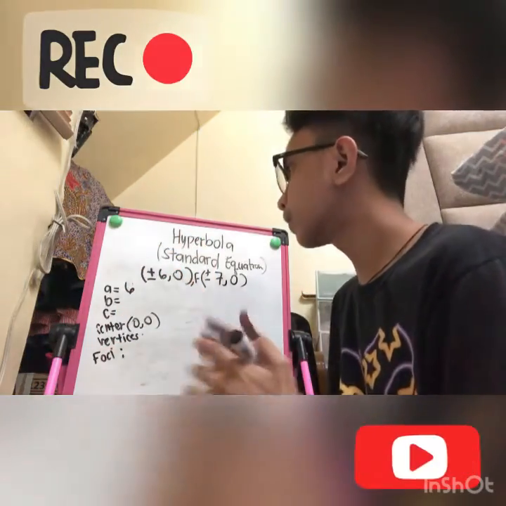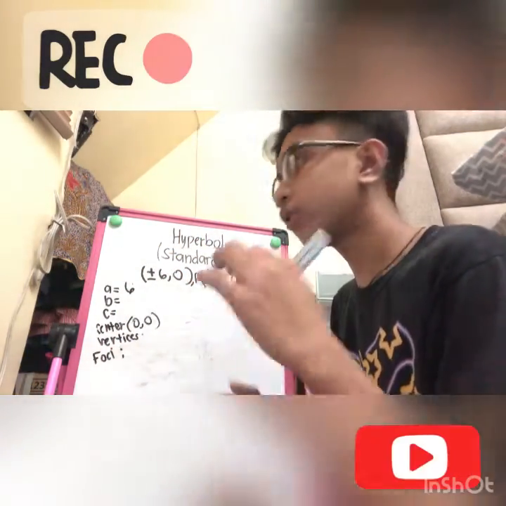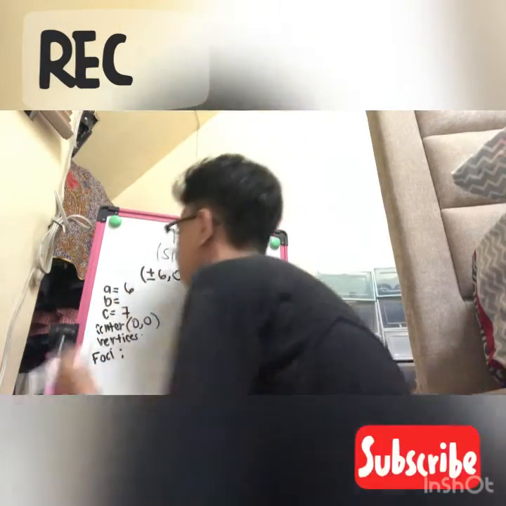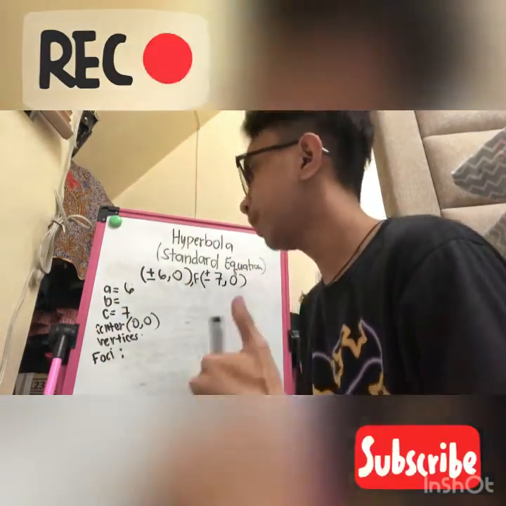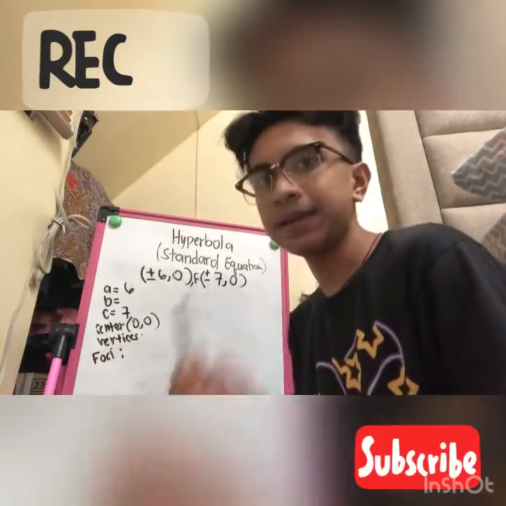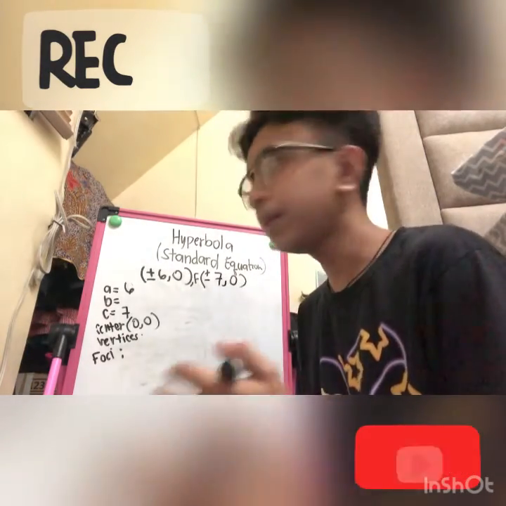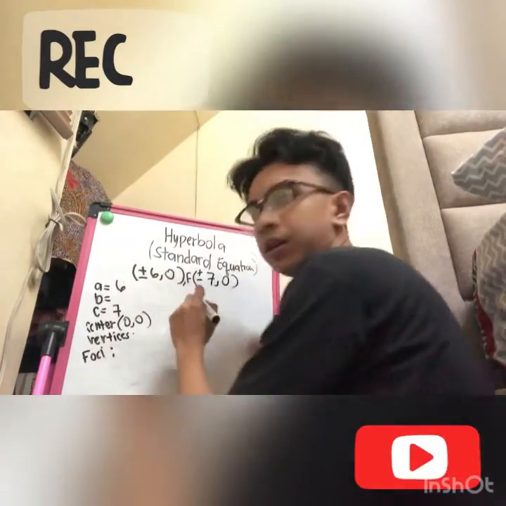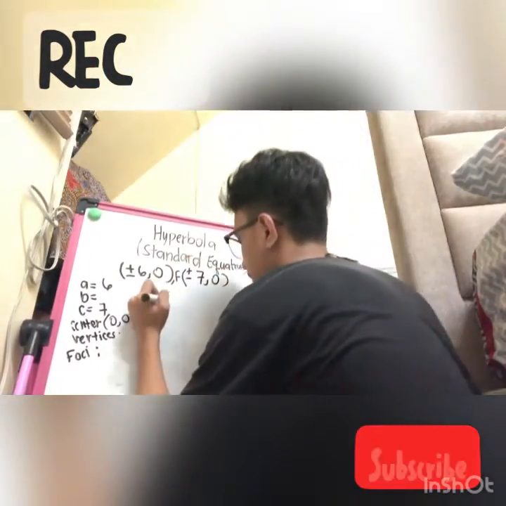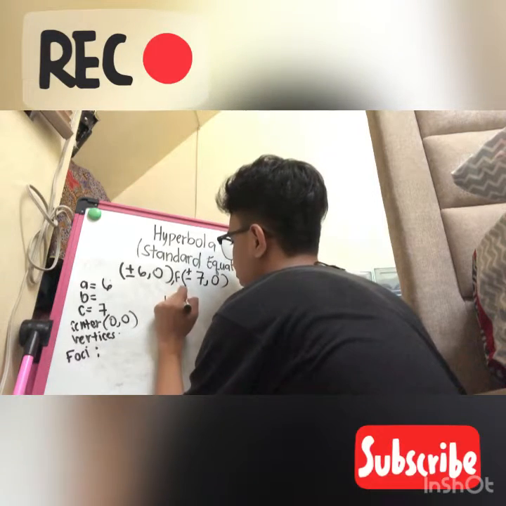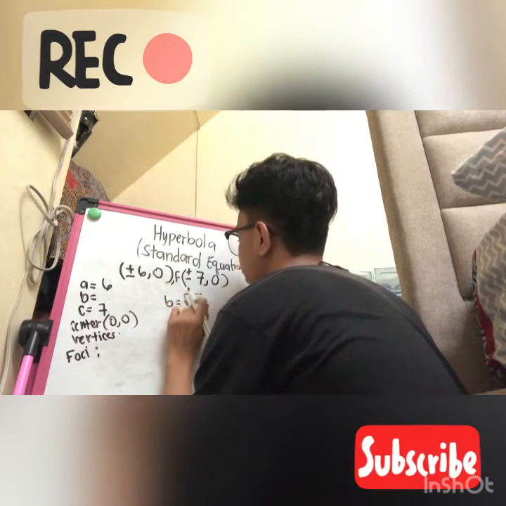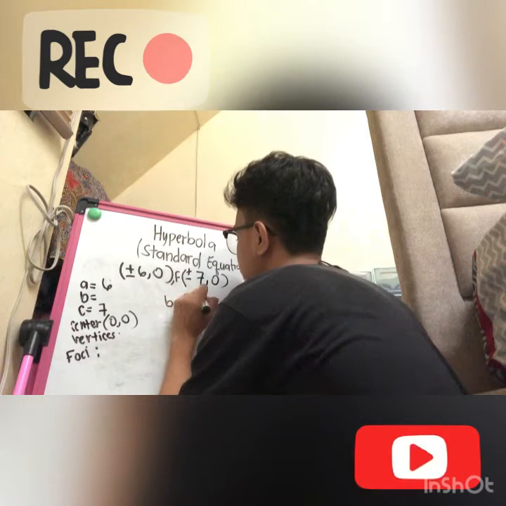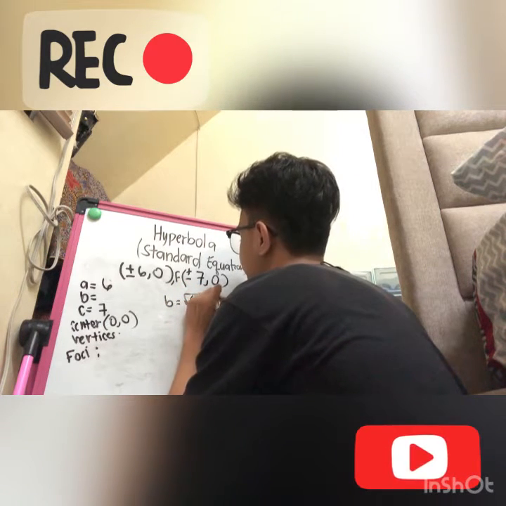The given focus is 7, so c is 7. The missing value is b. To find b, b equals the square root of c squared minus a squared.